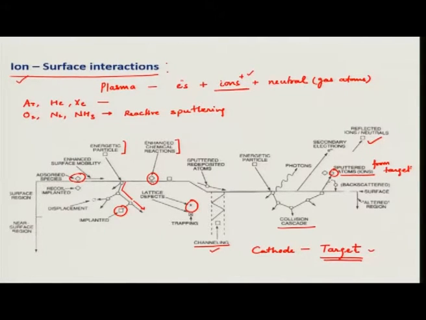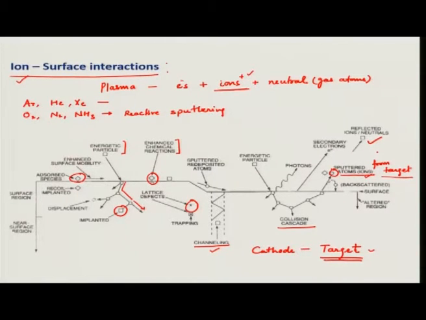And these energetic ions will transfer their kinetic energy to the atoms or ions of the target material, which will then come out of the surface, and we can use these sputtered atoms to deposit thin films. So, we are mainly interested in the sputtered atoms.